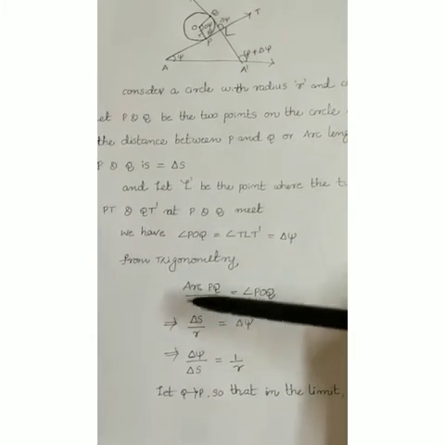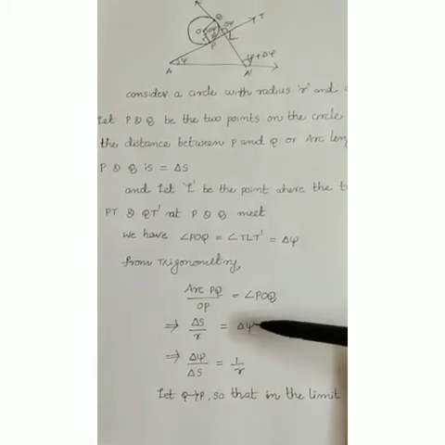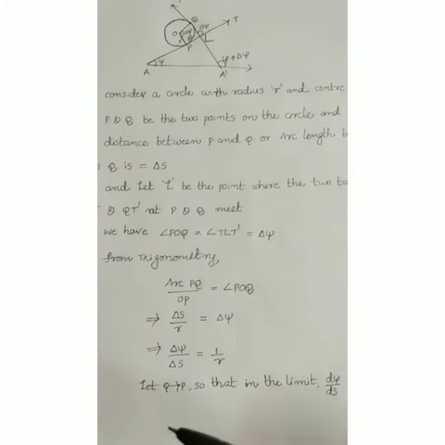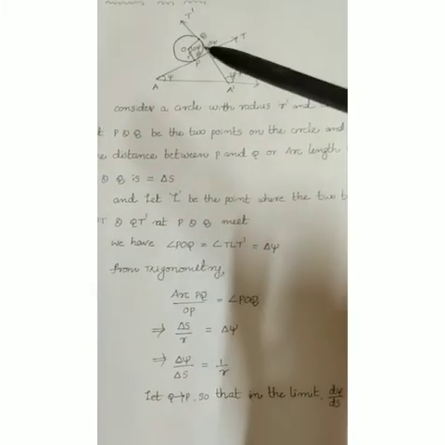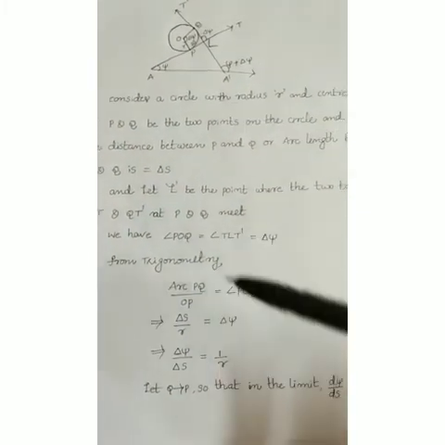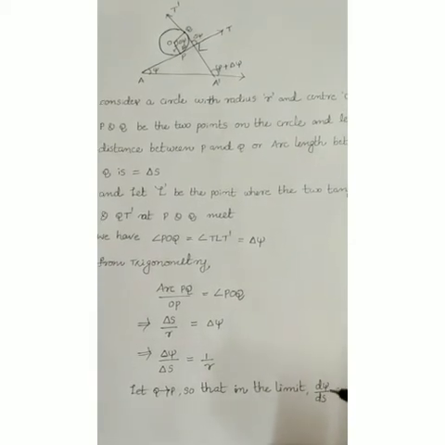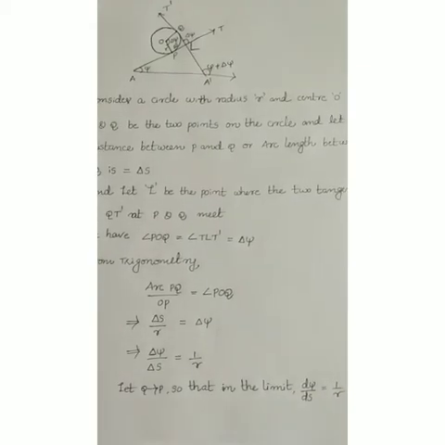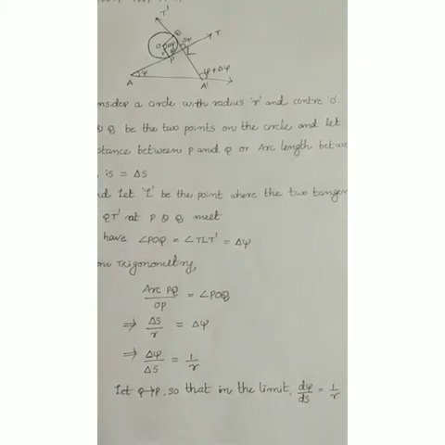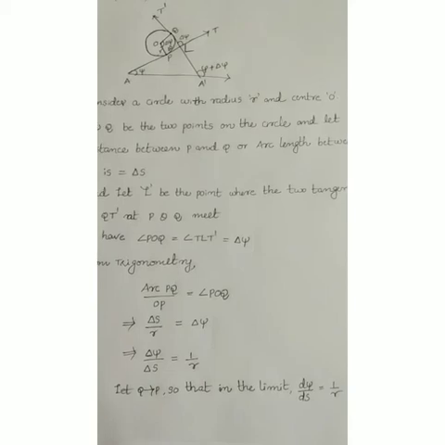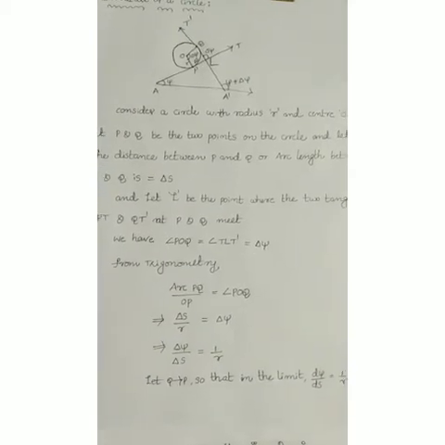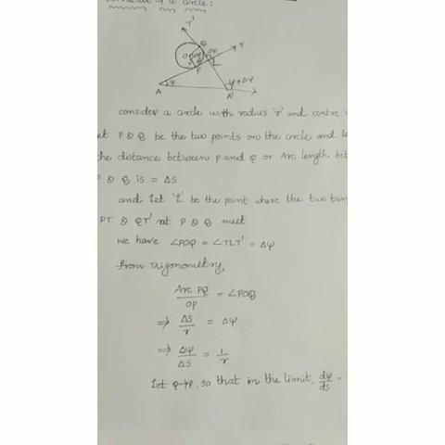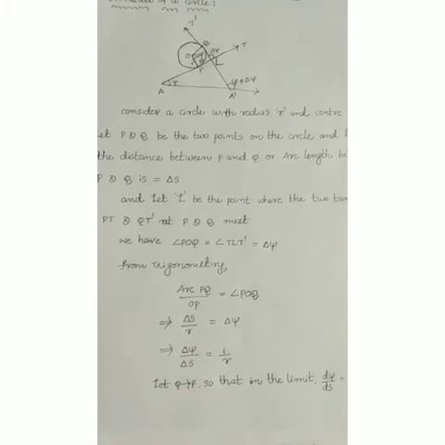So taking delta S to this side, delta psi by delta S is 1 by R. Thus when Q tends to P, in the limit we have d psi by ds equal to 1 by R. Thus the curvature at any point of a circle is the reciprocal of the radius of the circle.